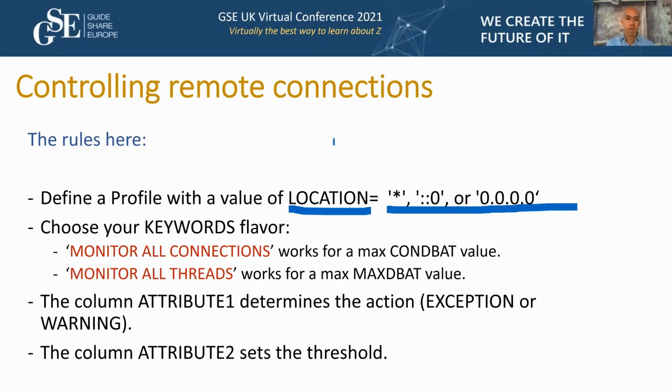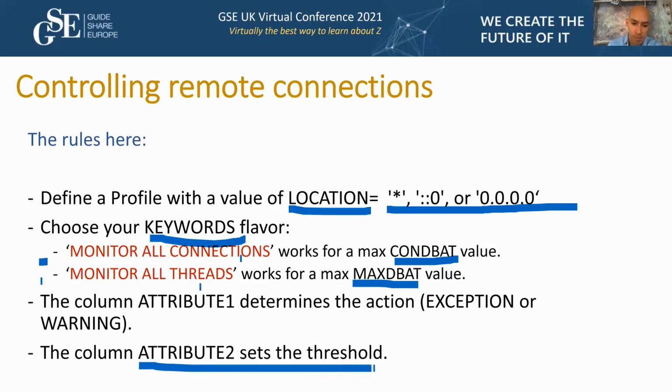And once you have it, go to the profile attributes table and the column keywords. Now you have two values. One to monitor the CONDBAT value, and the other one to monitor MAXDBAT. These are the values, connections and threads. They are mapped to different ZPARMs. Attribute 2 is going to have the threshold, and attribute 1 is going to tell what to do about it.